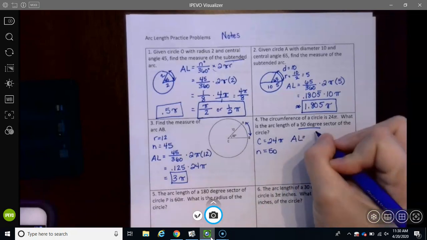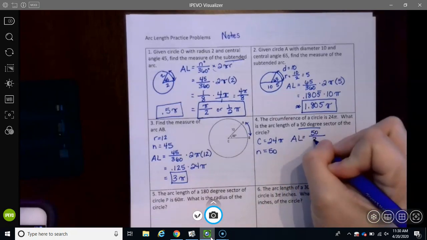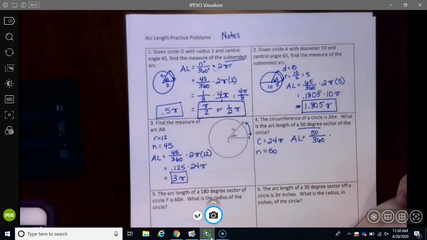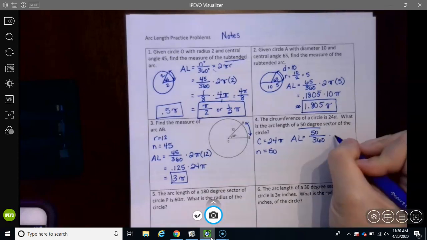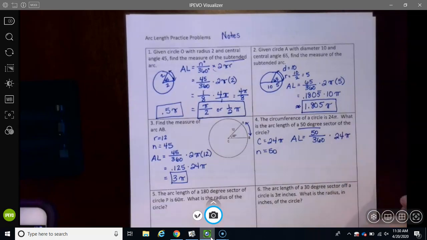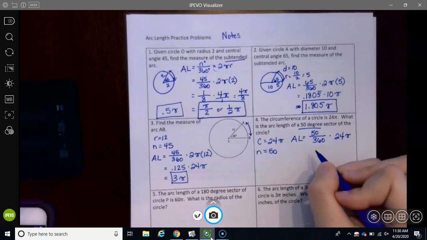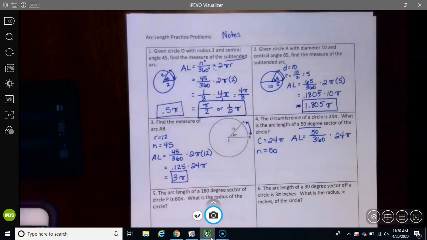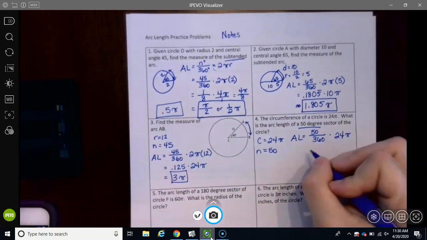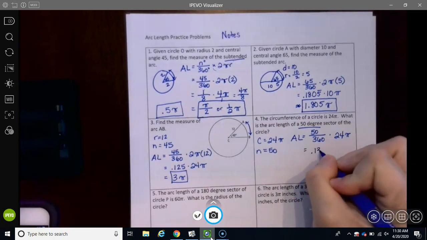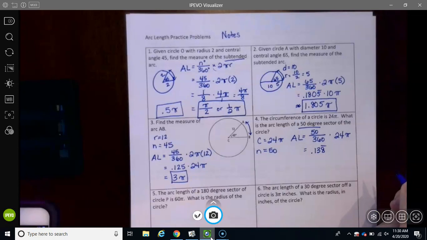So arc length equals n, which is 50, over 360, times the circumference of the circle. So instead of 2 pi r this time, I'm just replacing that whole part with 24 pi, because they've already figured out that part for us. 50 divided by 360 gives me another long decimal, 0.138, and this time the 8 is repeating forever.